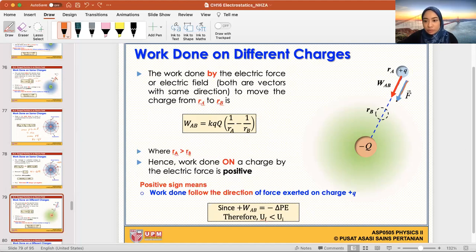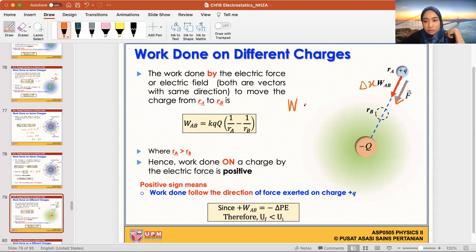So my force will go this way, and I want to bring my test charge from point A to point B. So the displacement is in this direction. What should be my work done? Is it positive or negative? I'm going to give you a hint.